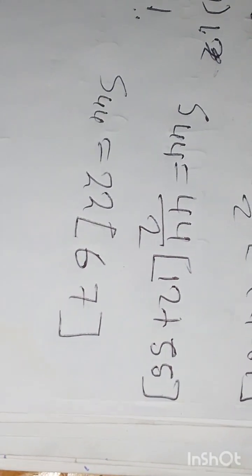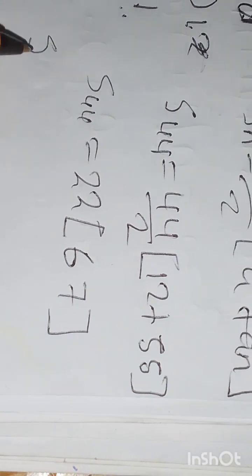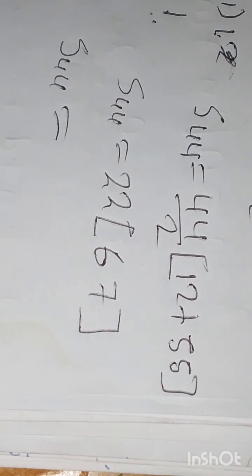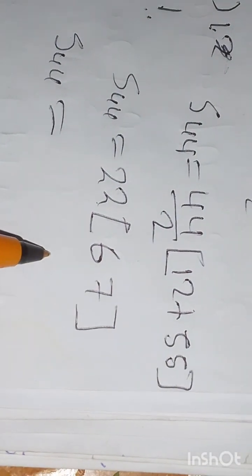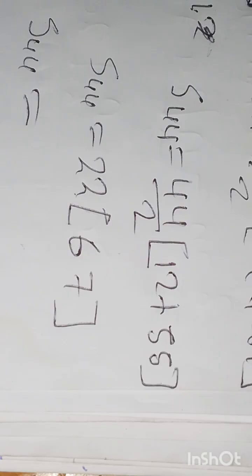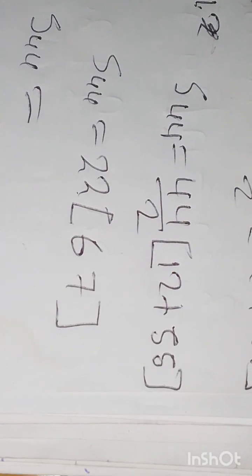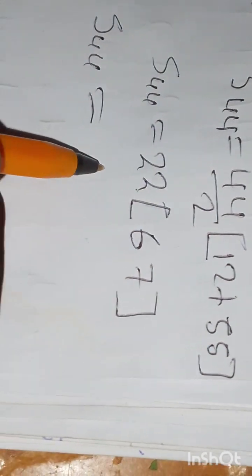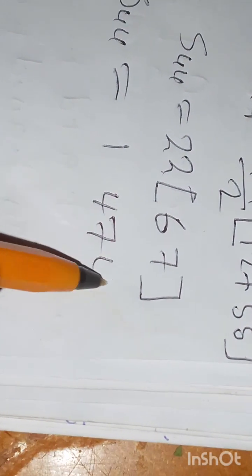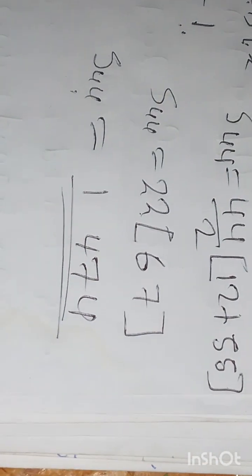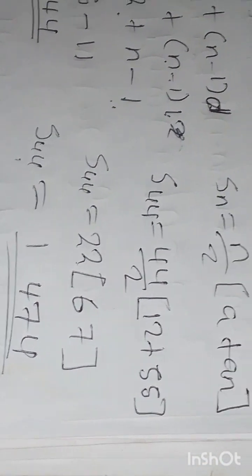So we have 22 multiplied by 67. Let me just calculate it quickly on the calculator. 22 multiplied by 67 gives us 1474. So this is the sum of the first 44 terms of the integers from 12 to 55.